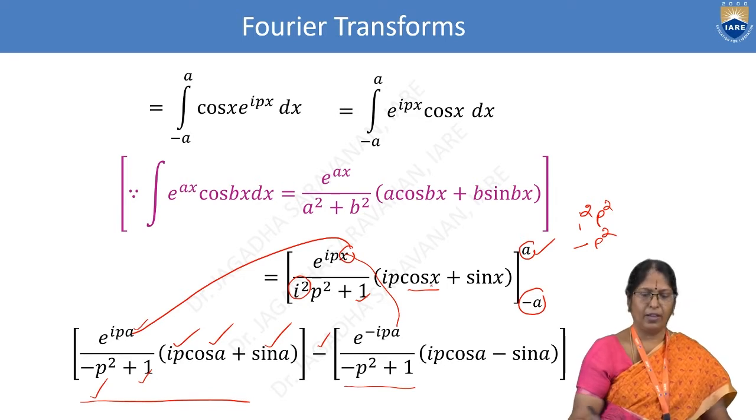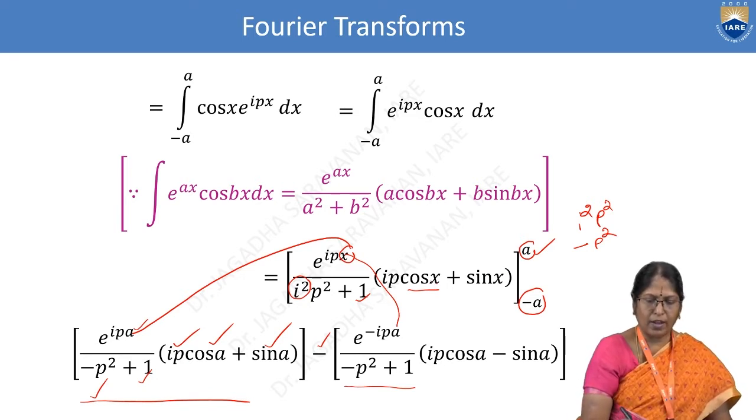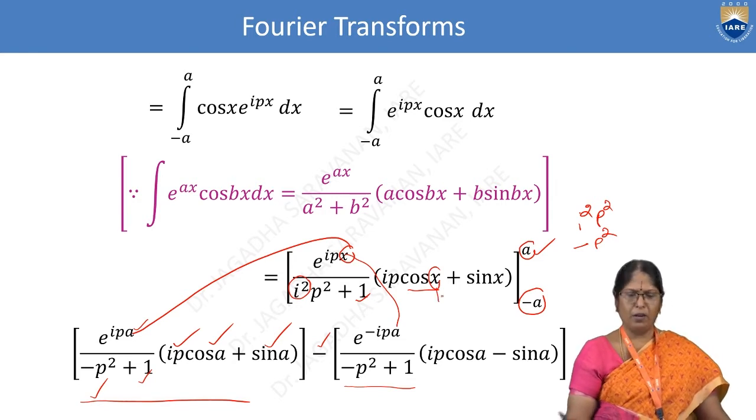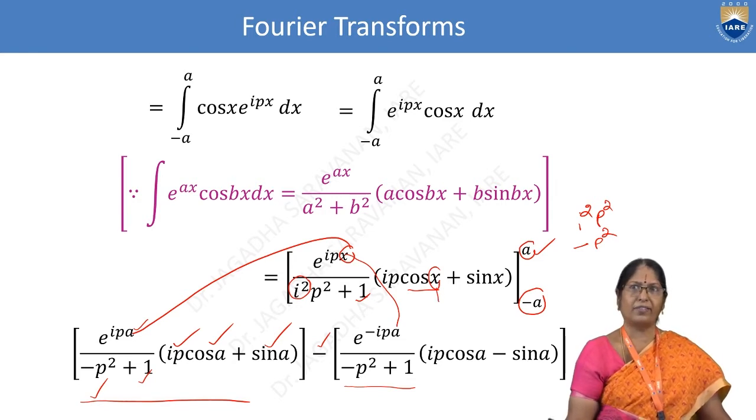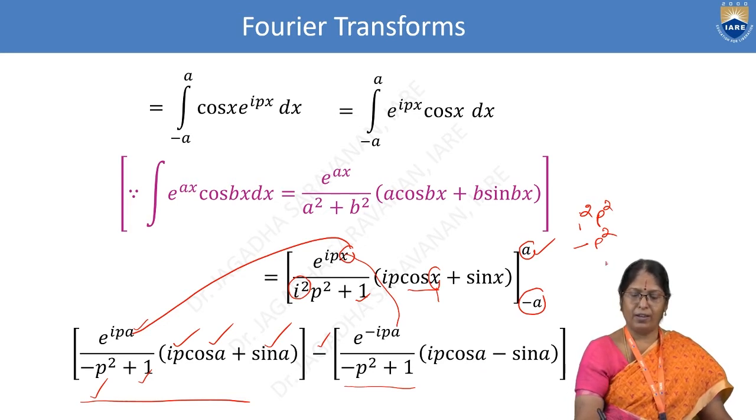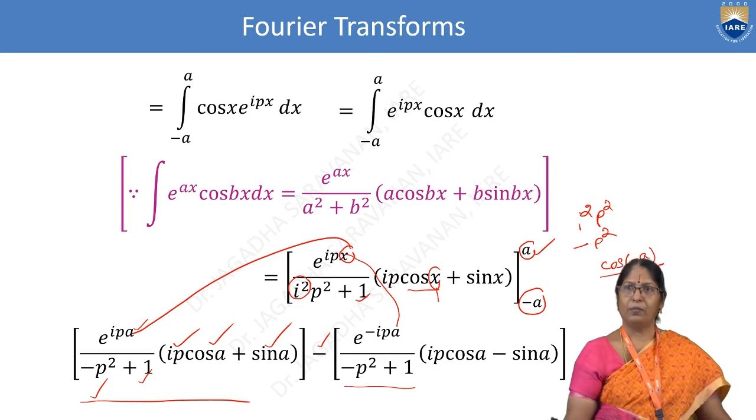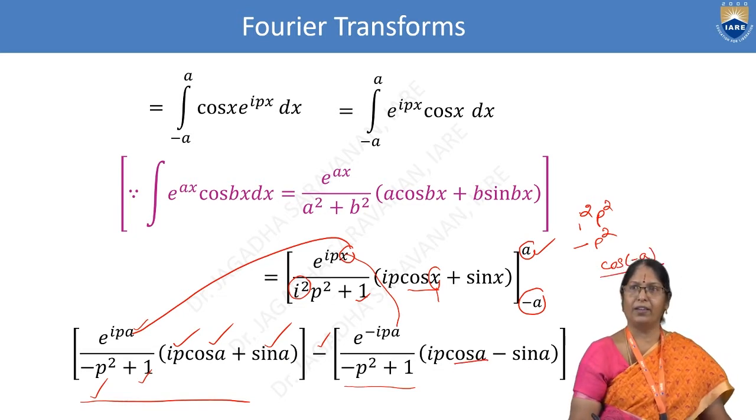Here, in the cos x place, we have to substitute minus a. But here only cos a is there. It should be cos of minus a, but it is written cos a. It is correct. But how is it correct?